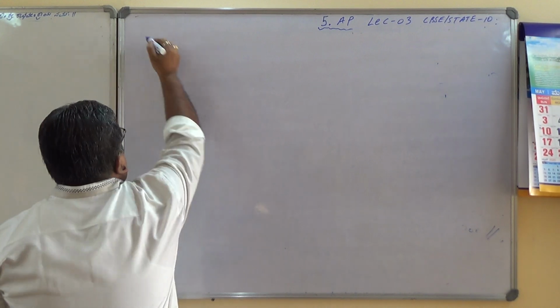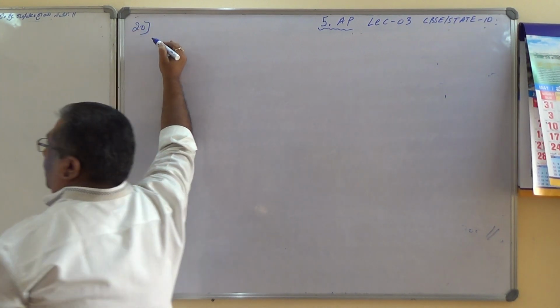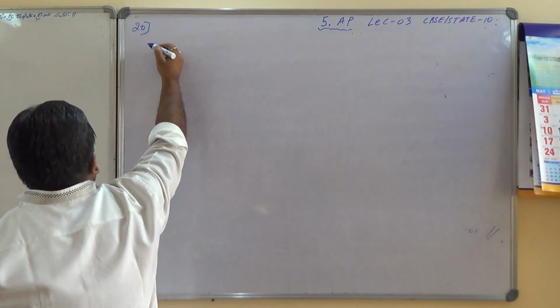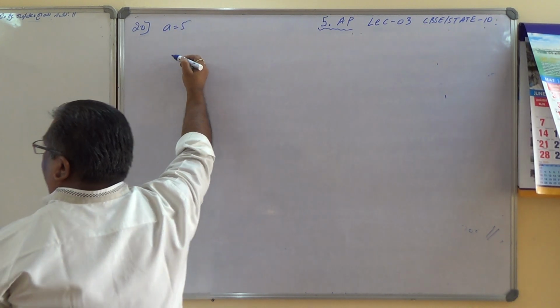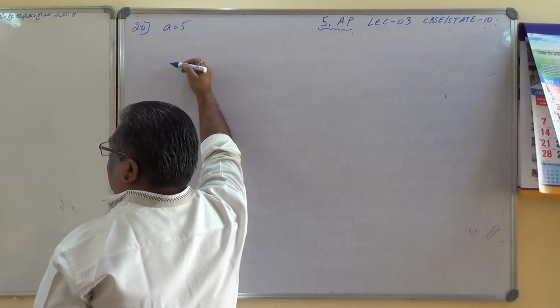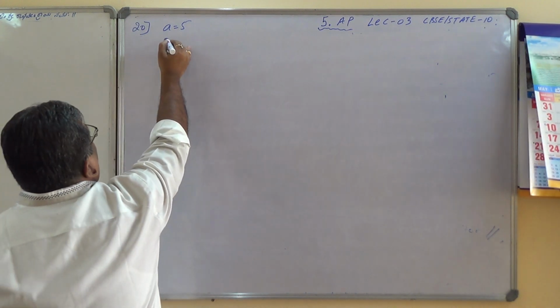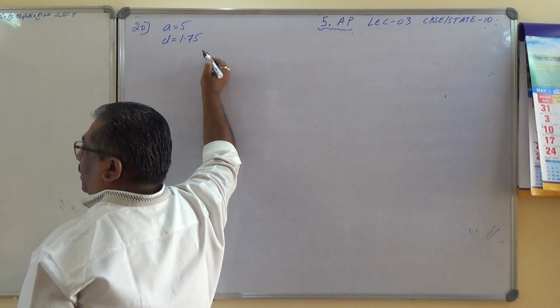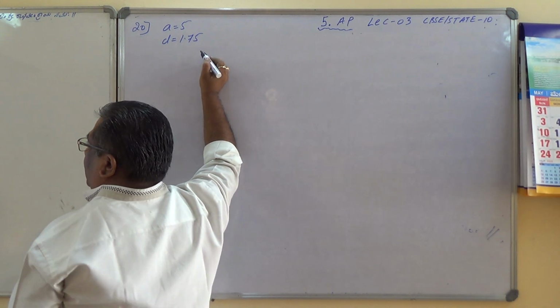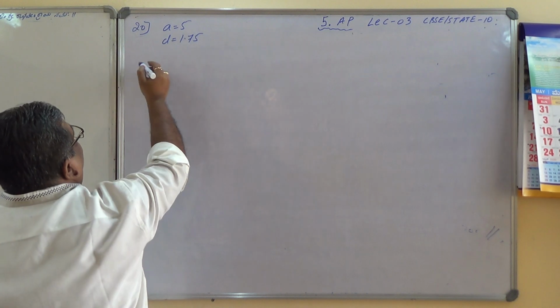Let us take the 20th one. I'll read here. Ramkali saved rupees 5 in the first week. A equals rupees 5 and increased her weekly savings by 1.75. D equals 1.75. In the nth week her savings becomes 20.75. Find n.